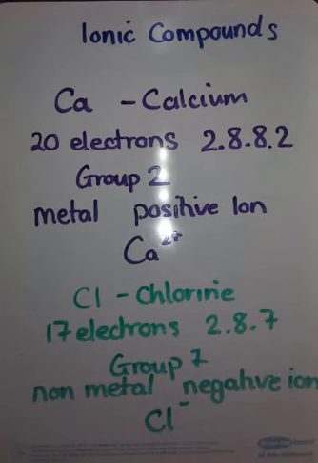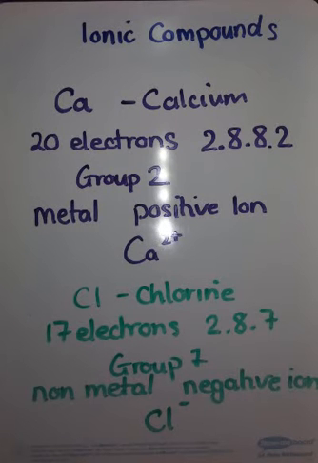Okay, so we've got a 2 plus charge on our calcium, and we've got a 1 negative on our chlorine. Now what we have to do with this is try to balance the number of charges on each side, or the amount of charge.